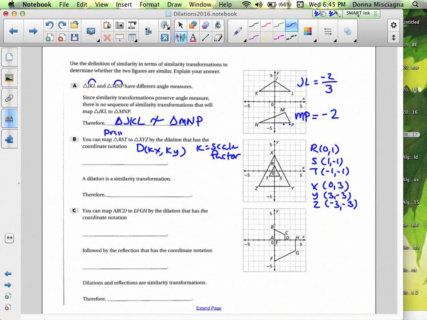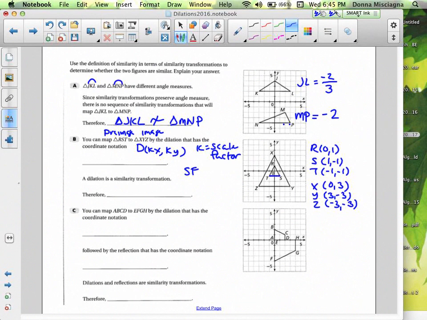But let's assume that RST is the pre-image and XYZ is the image. Okay? So to find our scale factor, our scale factor is going to be a measurement from the image over the corresponding measurement from the pre-image, or the original.